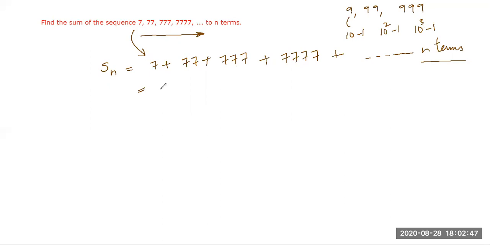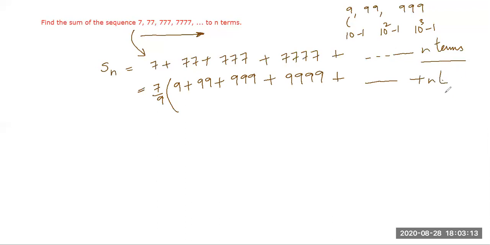So I should divide this by 7 and multiply by 9. So I'll take 7 by 9 common, so that every term is divided by 7 and multiplied by 9. So the first term becomes 9, the second term becomes 99, then 999, then 9999, and so on till n terms, right?